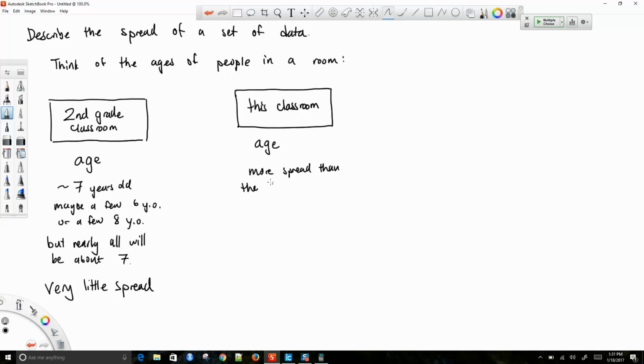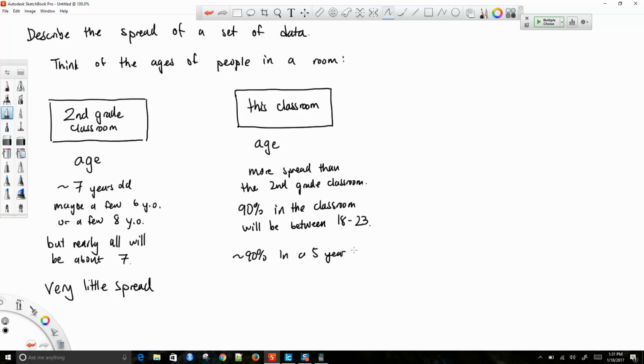I would say probably 90% of students in this class will be between 18 and 23. We're going to have a few people outside of that range, but about 90% are within a 5-year span. So I would say a moderate amount of spread.